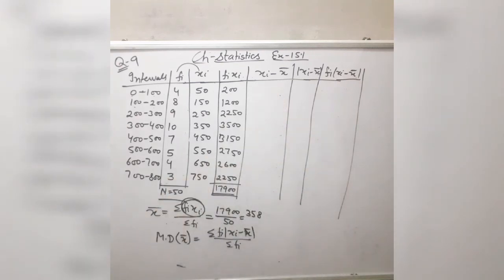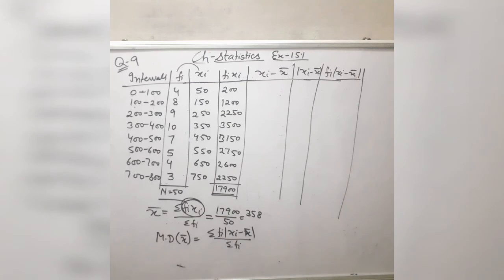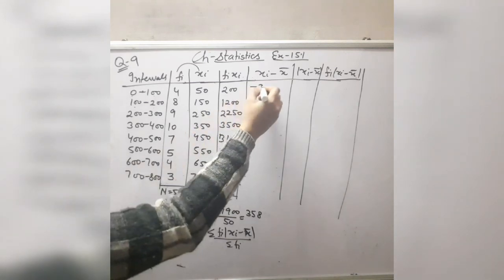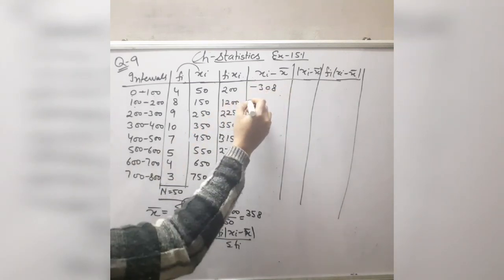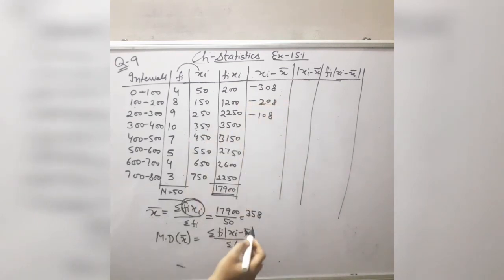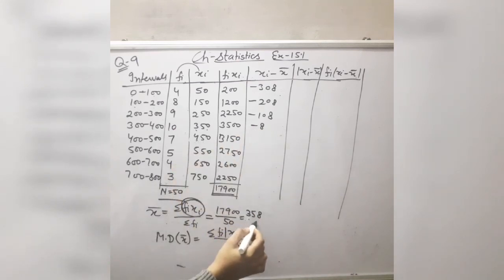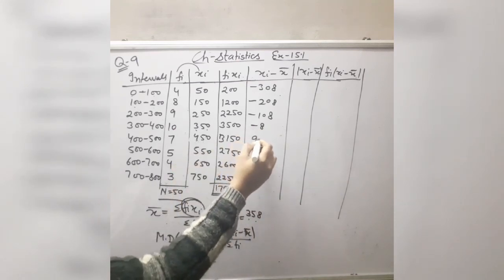So see, xi is 50 and x bar is 358. So 50 minus 358 is minus 308, then minus 208, minus 108, and 350 minus 358 is minus 8. Now 450 minus 358, you will get the positive result 92.